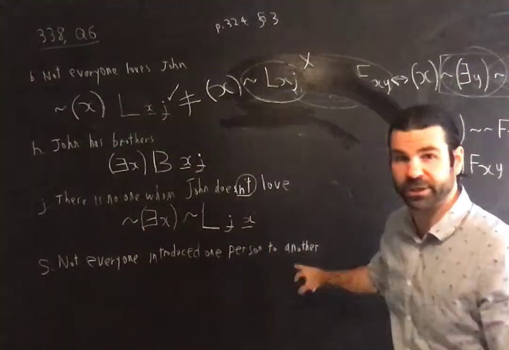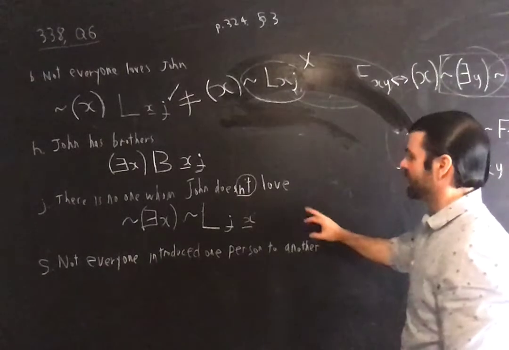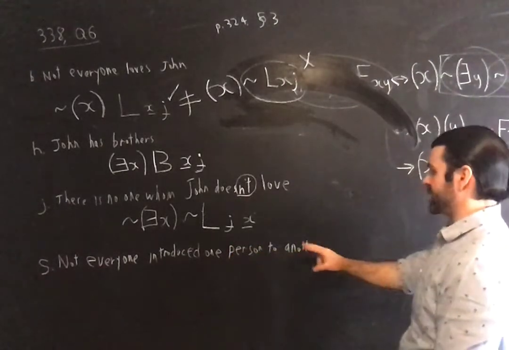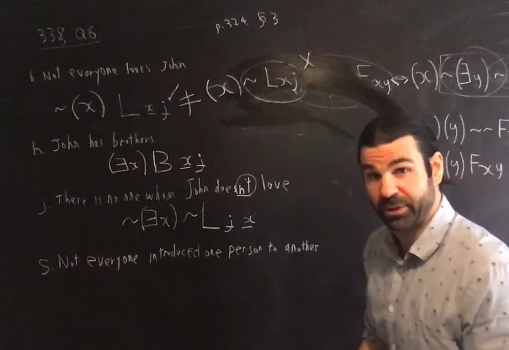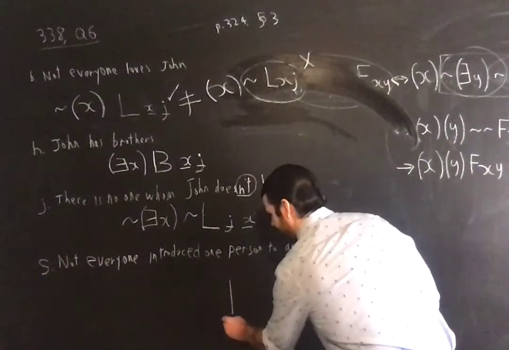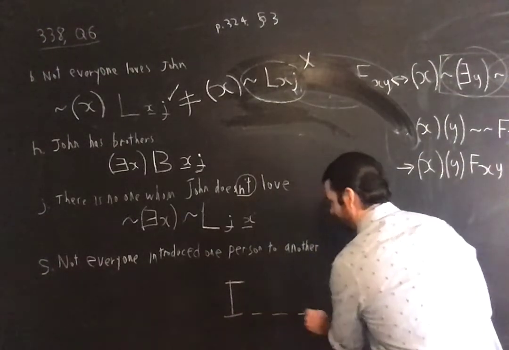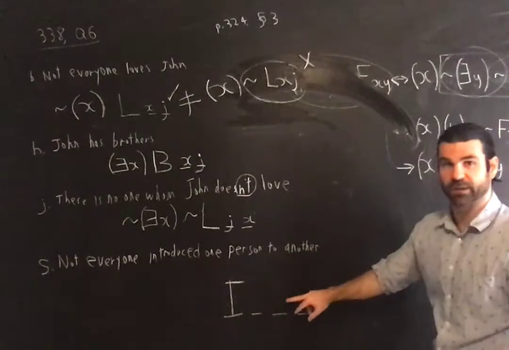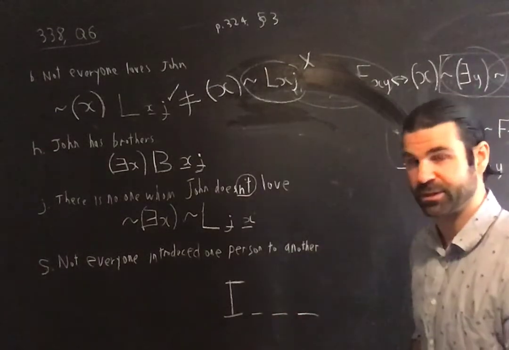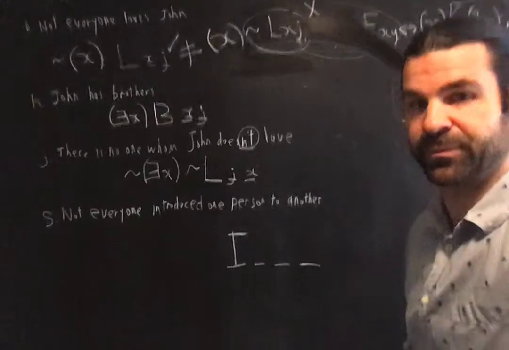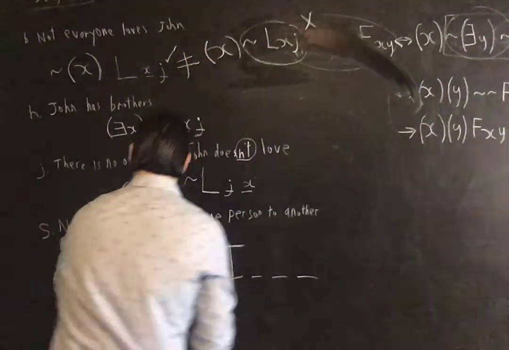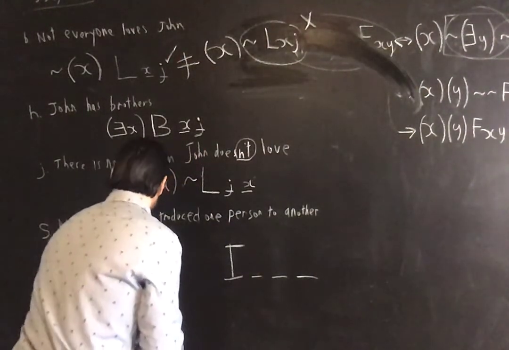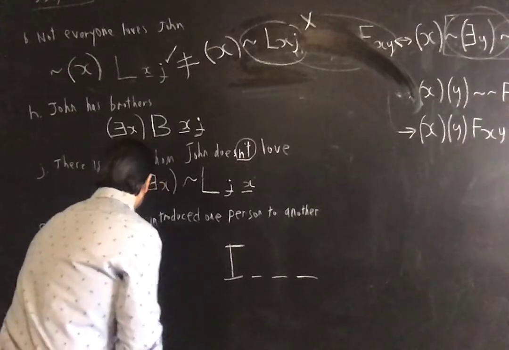We did this, okay, let's finish with the last one. Not everyone introduced one person to another. I'm going to start, okay, so it's I, with three places. X introduced Y to Z is the order. Okay, so it's not everyone, so not for all X. And what am I saying about them?